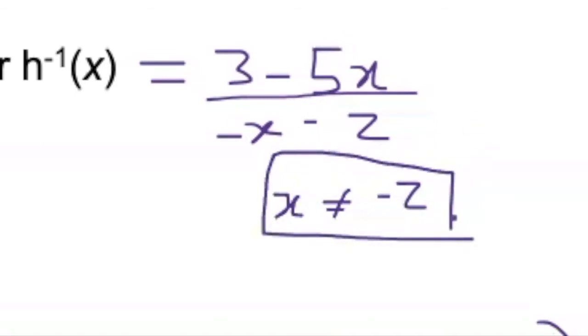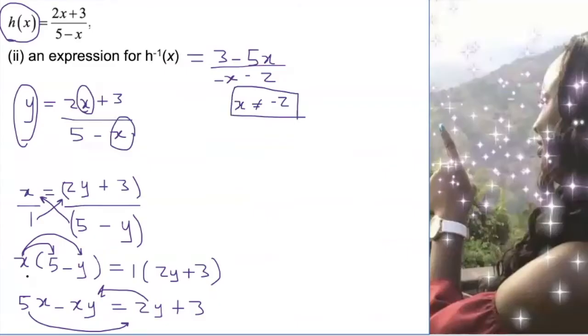And just to make you understand, why is it that I have x not equal to negative 2? When we have fractions, we have to be very careful. We have to always think, can all the values of x work? So let's focus on the denominator that I have here, minus x minus 2. Will all the x values work? That's the question.